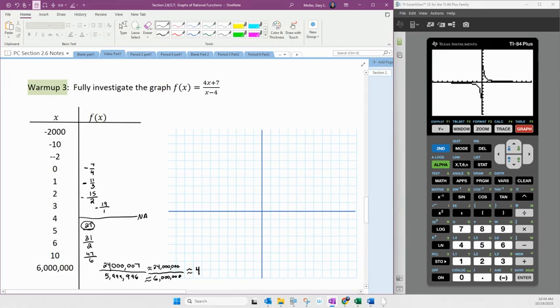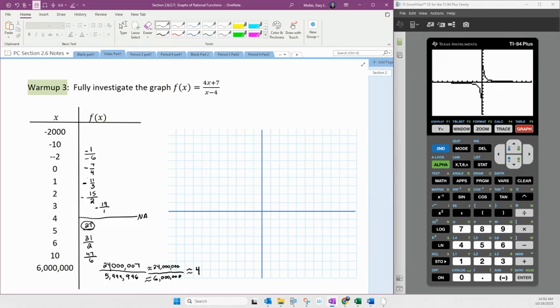And if we investigate the other direction, a little typo there with 2 negatives, just ignore that. -2 gives me -8 plus 7. And -8 plus 7 is -1. And over -6, it looks like. Is that right? Just want to think this through for a minute.